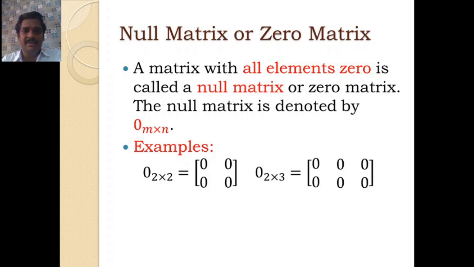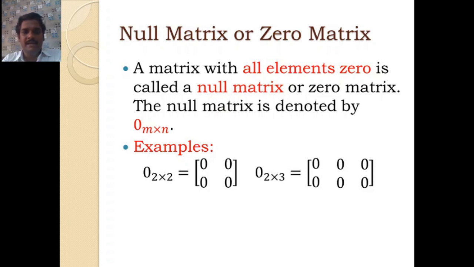You can see in the definition of identity matrix there is a word square in the beginning itself. A square matrix with diagonal entries 1 and non-diagonal entries 0. If you see the definition of null matrix, there is no word square over here. So null matrix can be a non-square matrix.